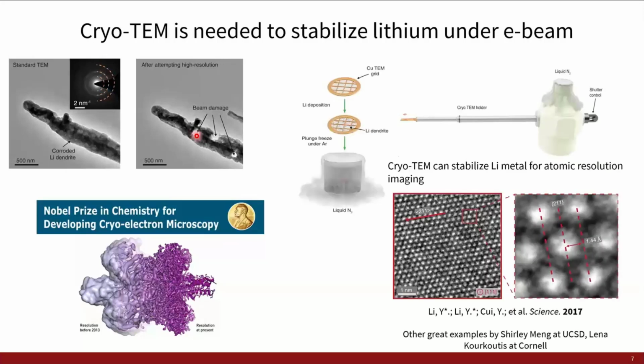And basically by freezing lithium under liquid nitrogen and using cryotransfer protocols adopted from structural biology, it now becomes possible to stabilize elemental lithium within the TEM without any air reaction. And that allows for atomic resolution lattice images of the lithium metal lattice, which has long been thought to be impossible. And this has been recently published by our group at Stanford, along with several other groups, including Shirley Meng's group at UCSD and Lena Kourkoutis' group at Cornell.